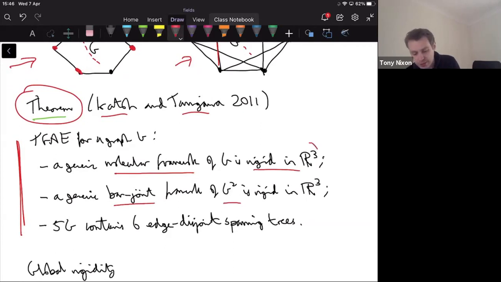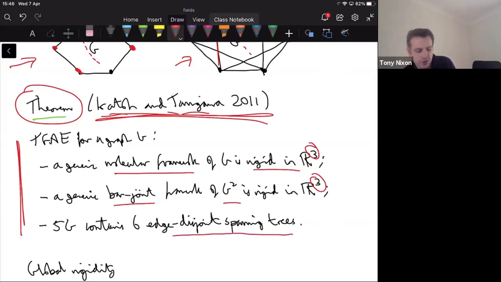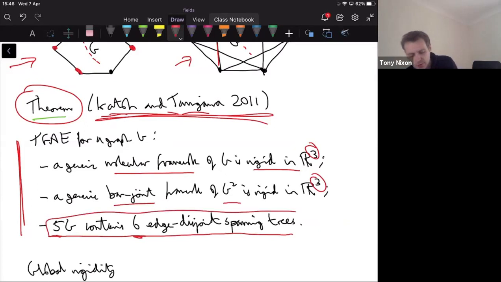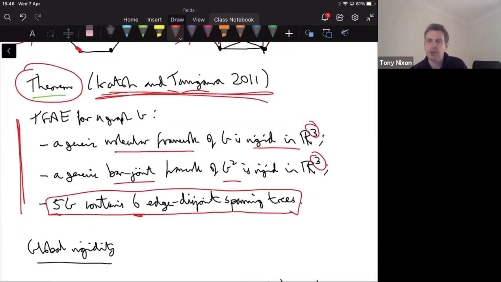This is all 3 dimensions only, by the way. Their paper says some things in d dimensions, but I'm only saying things in 3 dimensions. Then you have the disjoint spanning tree condition. You have the body-hinge condition, which was (d+1 choose 2) minus 1. So in this case, 5G contains 6 edge-disjoint spanning trees. So the non-genericness effectively has the same combinatorics, so it wasn't putting too much difficulty on there.